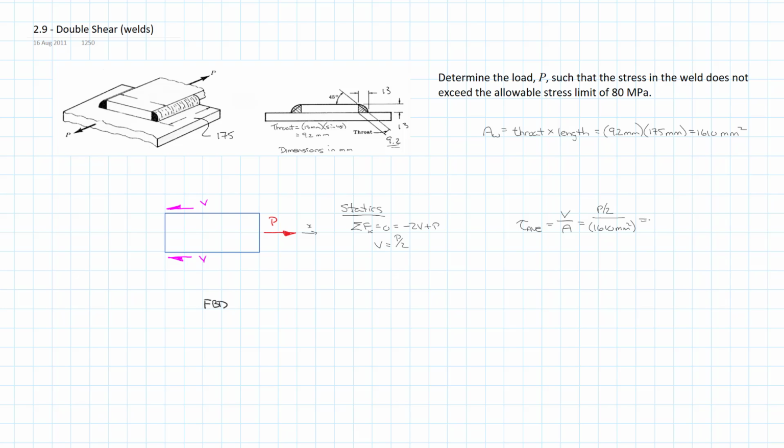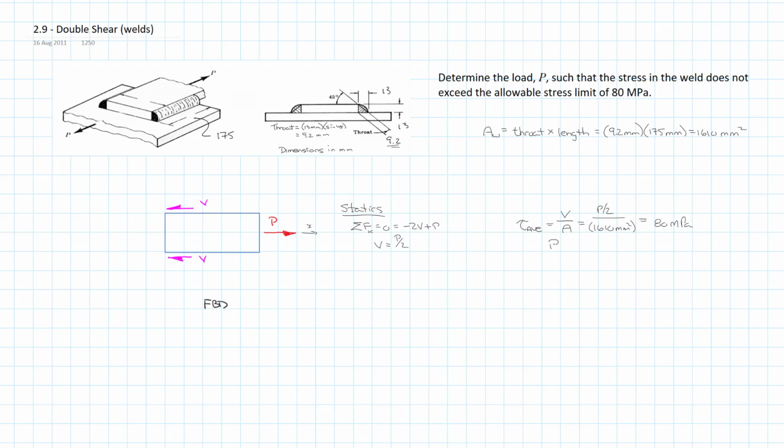And that needs to be equal to 80 megapascals at our high end. We don't want to exceed that. As long as we can calculate P such that this is equal to 80 megapascals, we know that's our upper bound or upper limit for P.